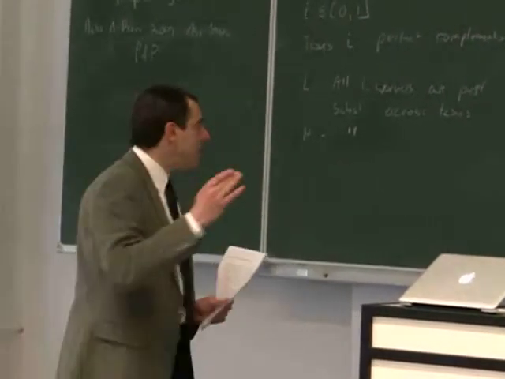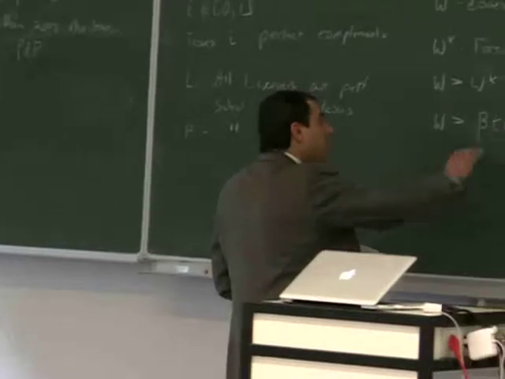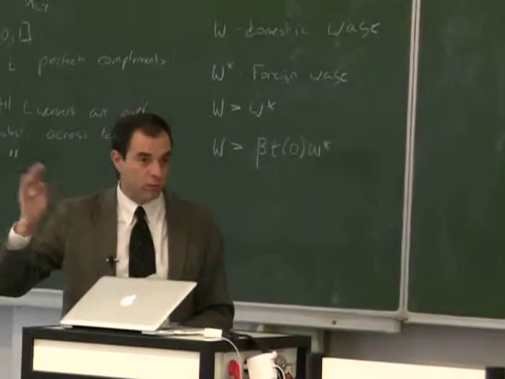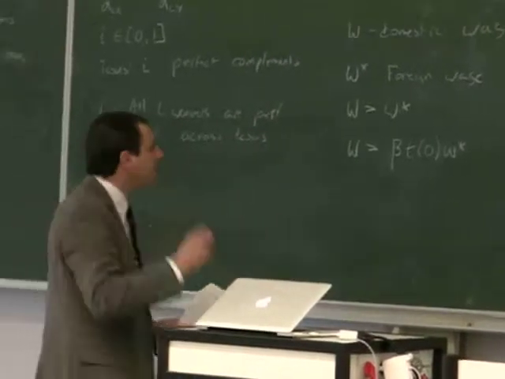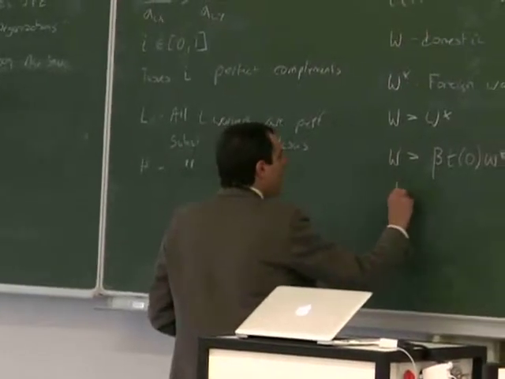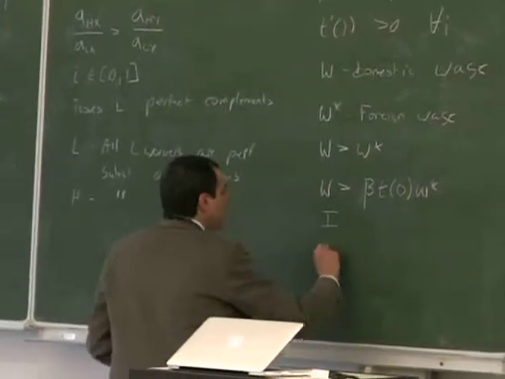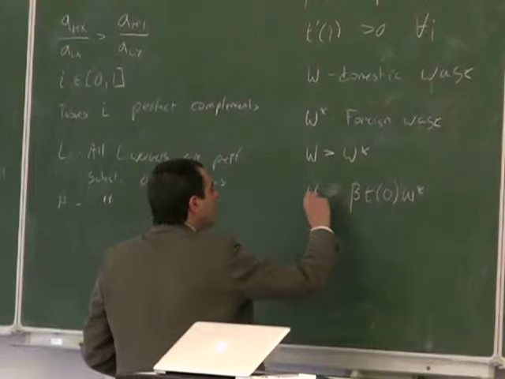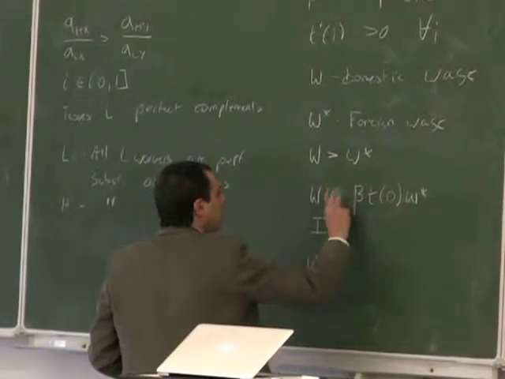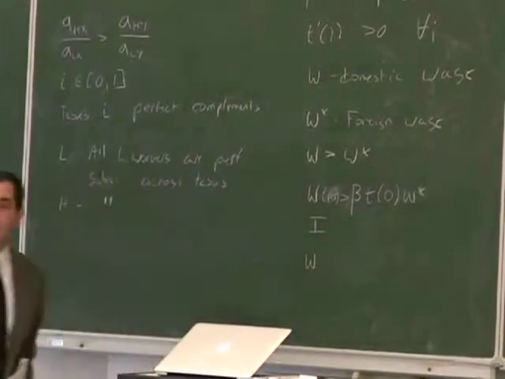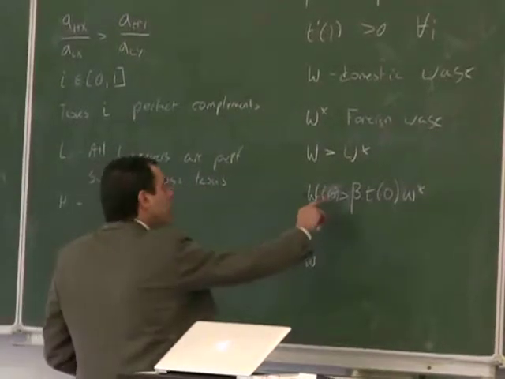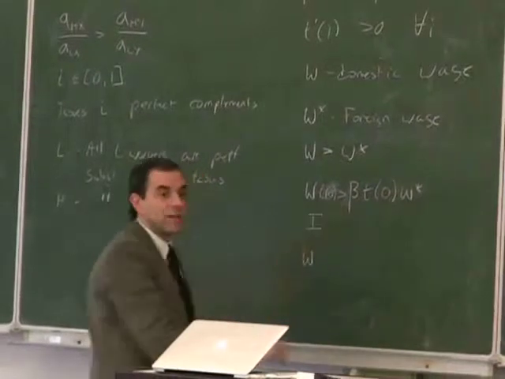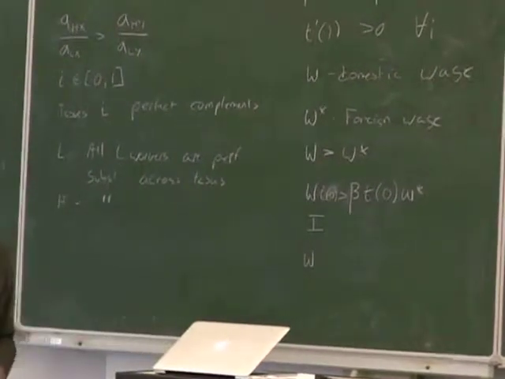So what that means is, of course, there's going to be a crossing point, right? Or at least it's useful to think of there being a crossing point. So there's going to be some intermediate task I, right, where W T of 0, the cost of doing task 0 domestically, is greater than the cost of doing task 0 through offshoring, right?